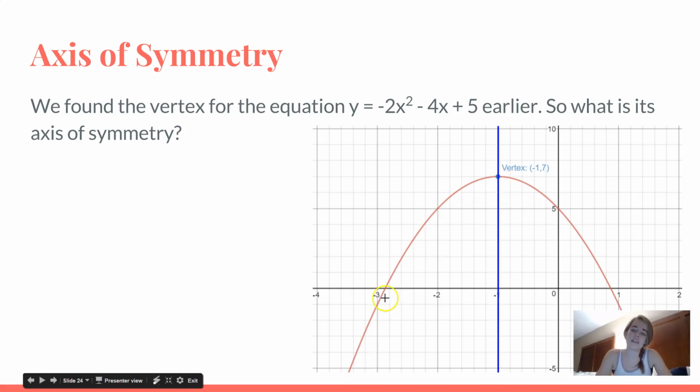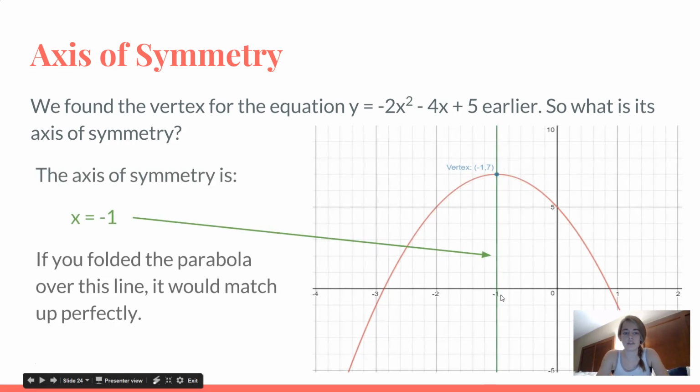This side is a mirror image of this side. So the equation for this should be x equals negative 1, because that is where I drew my line through. Make sure to direct any questions towards your neighbors even, so your fellow students can help you out.